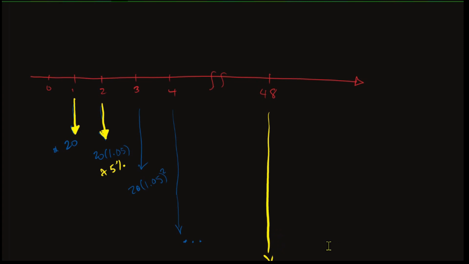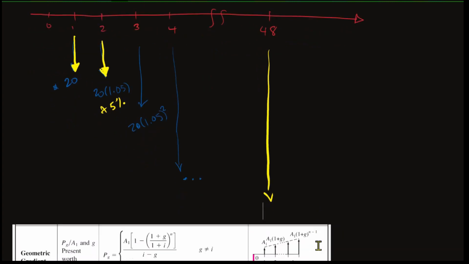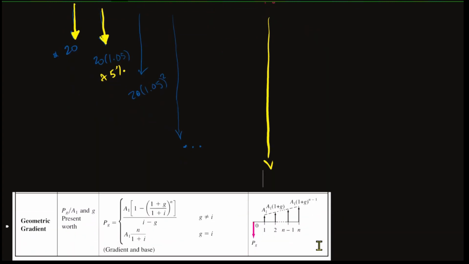So if we were to go to our tables, you would see that the geometric gradient doesn't have factors in the table. So we have no choice but to use the formula, the equation, to solve for a geometric gradient. And as before, it only has present worth.